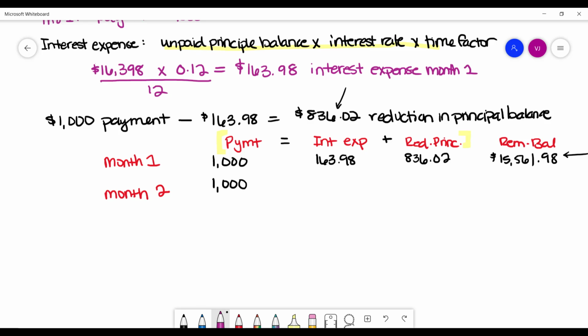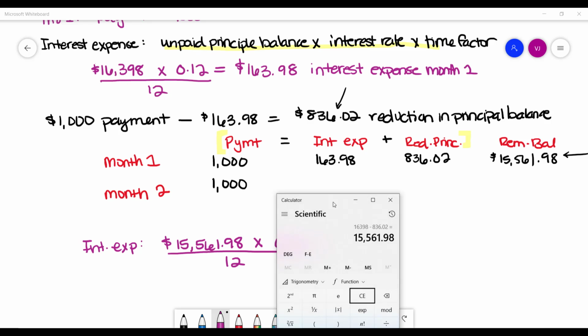So now when I go to find the interest expense for month 2, we take the remaining unpaid balance, which now is $15,561.98, no longer the full $16,398. Multiply that by 12% for a whole year's worth of interest and divide by 12 for a month's worth of interest.